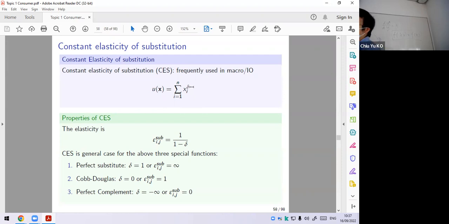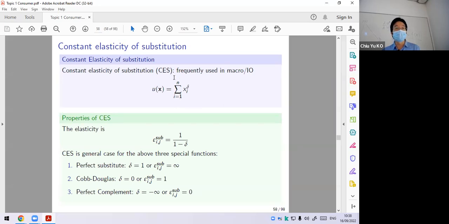It's so common, people just use it. This was invented in the 70s and 80s by Dixit and Stiglitz, and also Goodman. Those are all important papers that use this one.